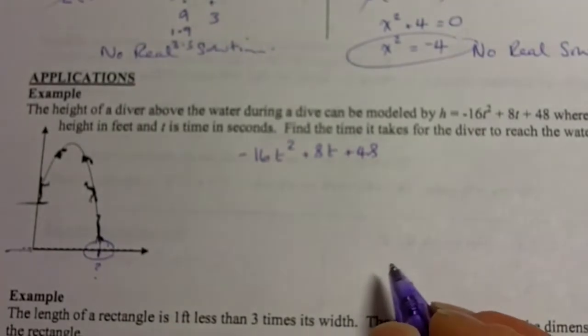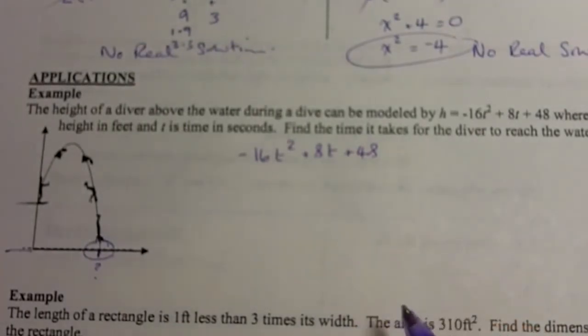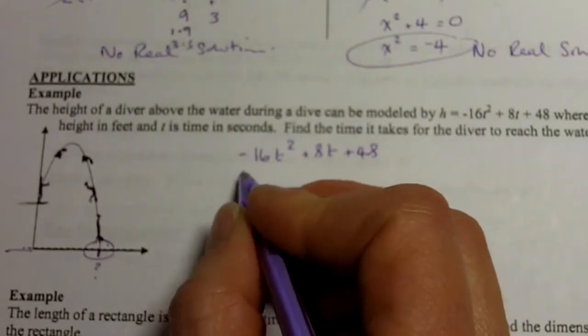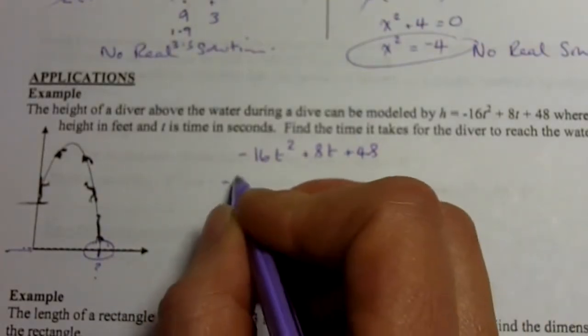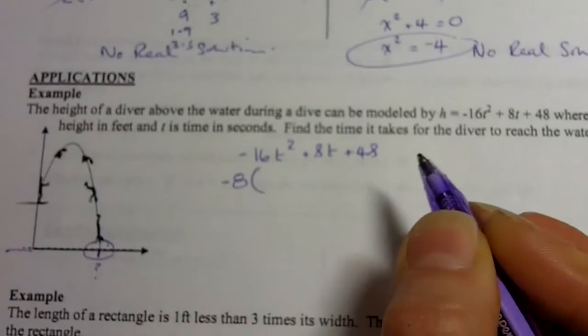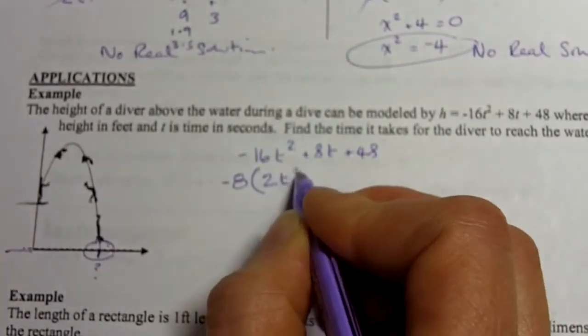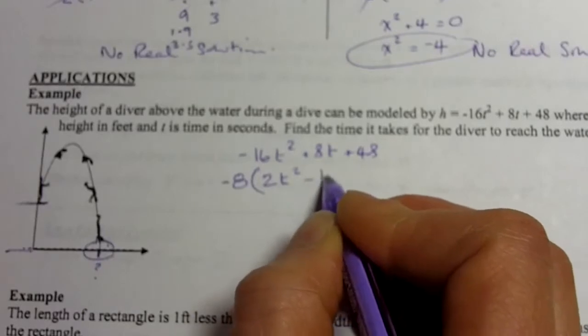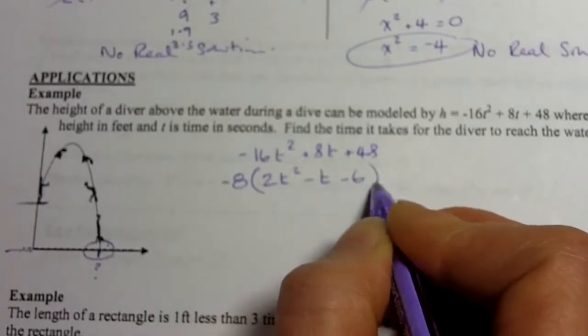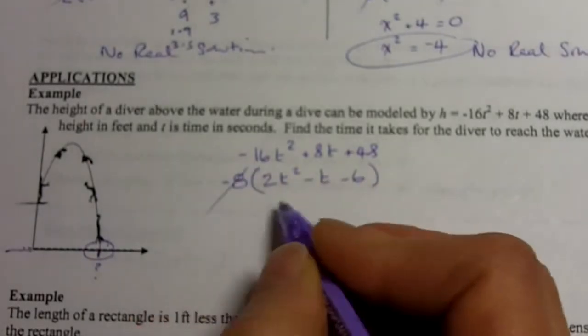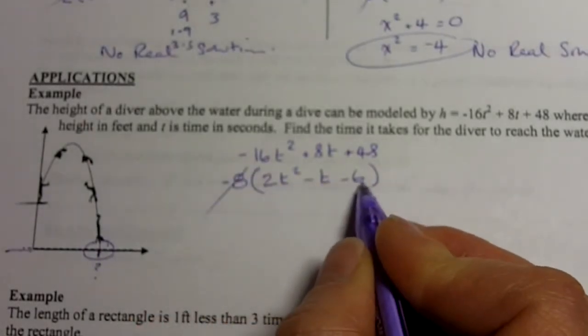And before we scream out saying no, no, we're going to remember to divide out our GCF, which will be negative 8. Dividing out, I will have positive 2t squared minus t minus 6, a lot more manageable. So we're going to throw out the negative 8 and factor this.